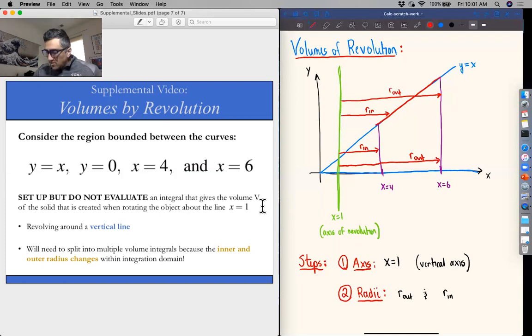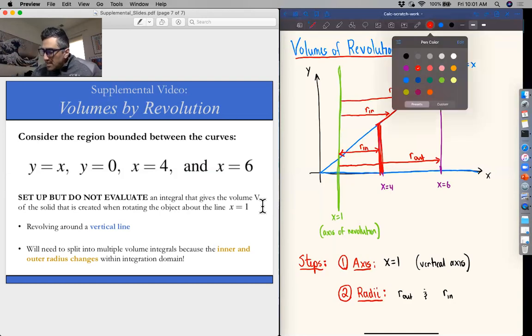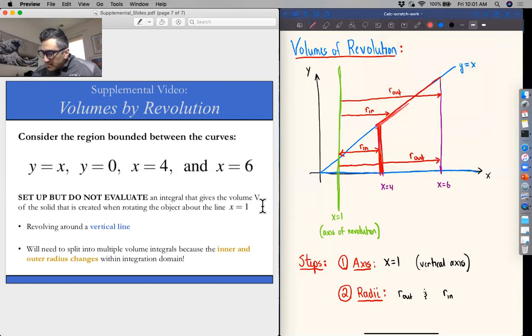Previously, our inner radius looked like the distance between our line x equals 4 and the axes of revolution. However, once we get vertical enough, or just increase enough in y, we see that changes, because our inner radius is now going to be associated with that function y equals x.